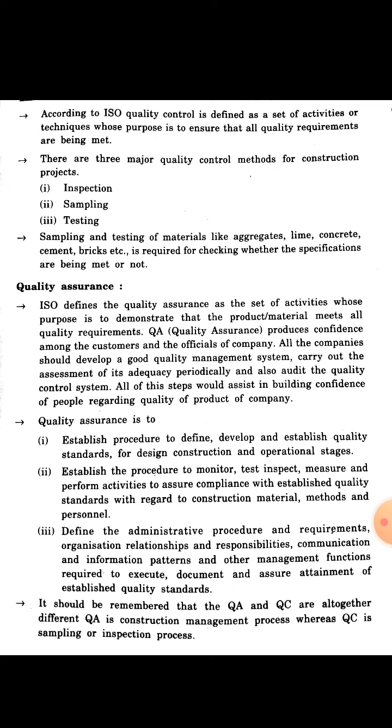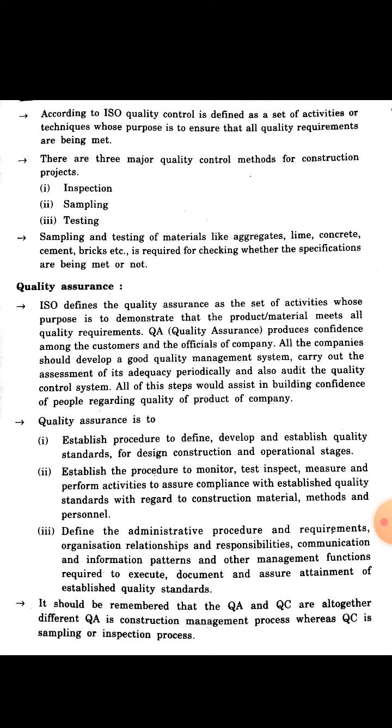And to define the administrative procedures and requirements, organization, relationships and responsibilities, communication and information patterns, and other management functions required to execute, document and assure attainment of established quality standards.